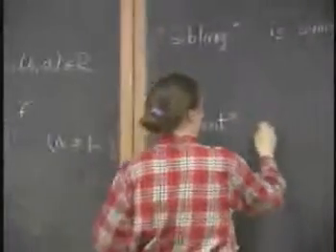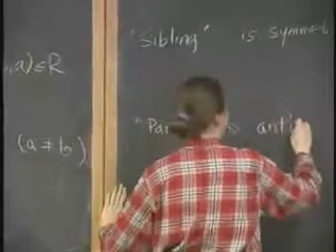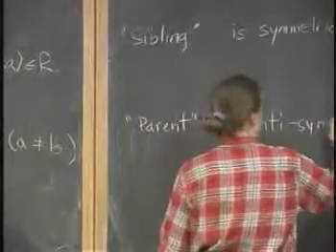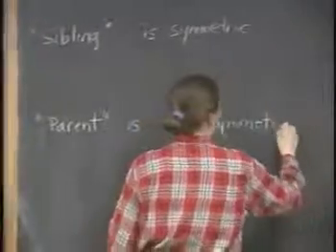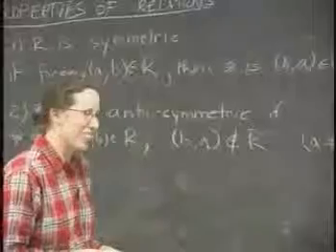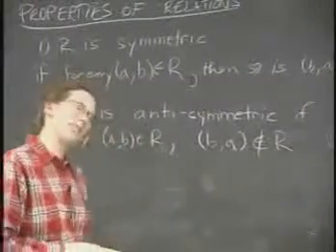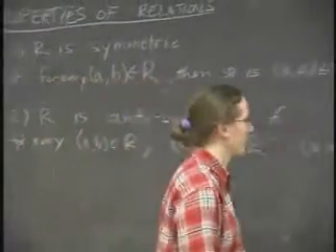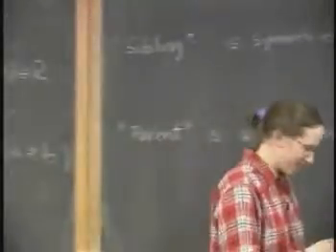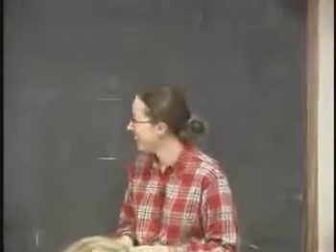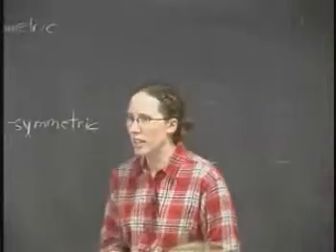Okay. Yeah, I guess parent would be pretty hard to be not antisymmetric. Unless you're from a bad time travel movie. Right. Okay, so parent is antisymmetric and sibling is symmetric.